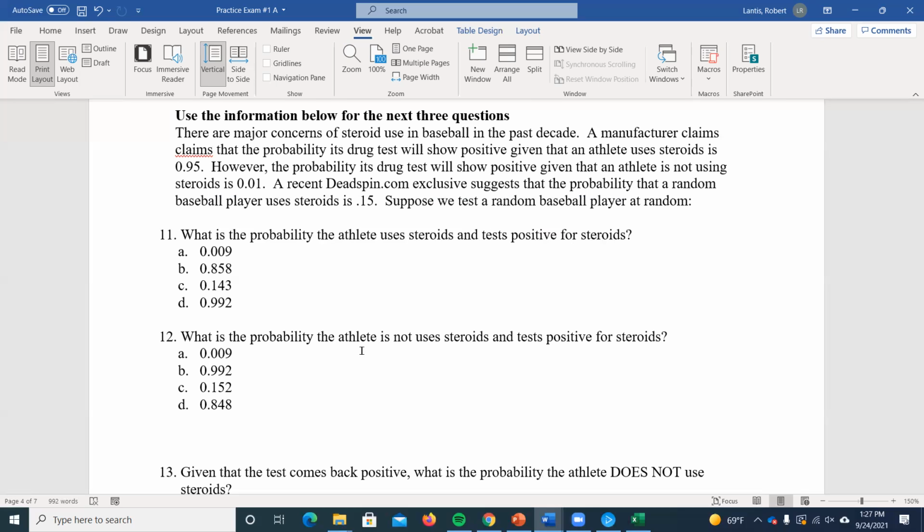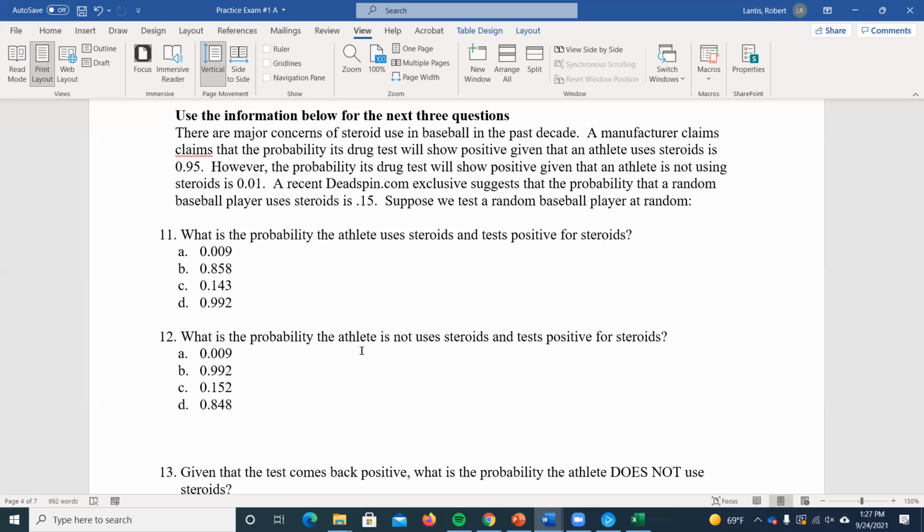So before we even think about Bayes' theorem here, if I said, given that the test comes back positive, what's the probability someone is actually, did I say using or not using? Not using. Yep. Really what that's saying is, out of everyone who gets a positive test result, what's the probability that they're not using?